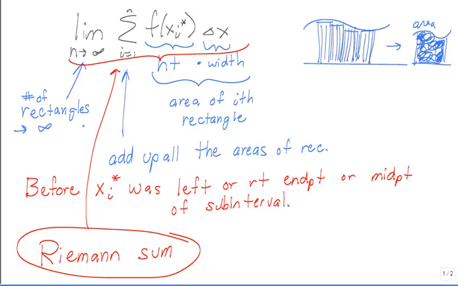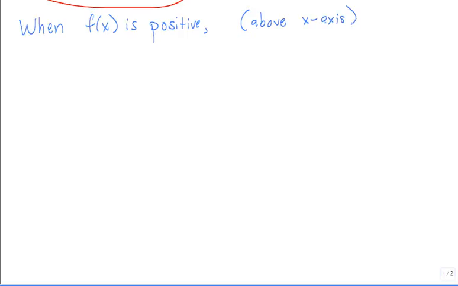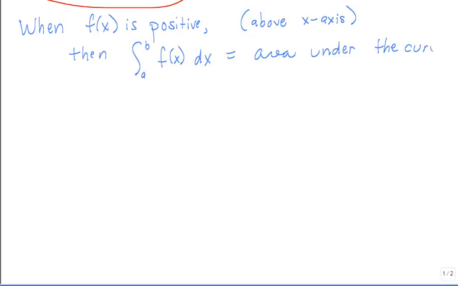Alright. When the function's positive, meaning above the x-axis, then the integral from a to b of f of x dx is equal to the area under the curve f of x between the vertical lines x equals a and x equals b.